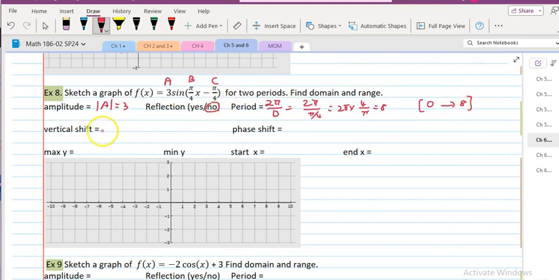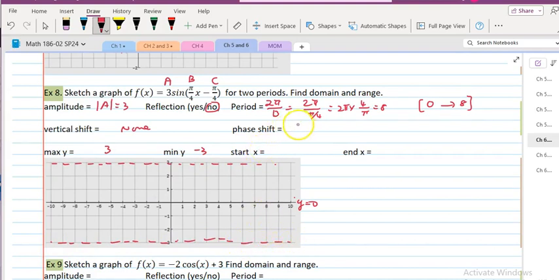But what is the vertical shift? There's none, right? Because I don't see any adding or subtracting. So the midline is y equal to 0. And I know the maximum would be 3. The minimum is -3. I would dot them to know that the sine and cosine wave will not go up or down exceeding these two lines.